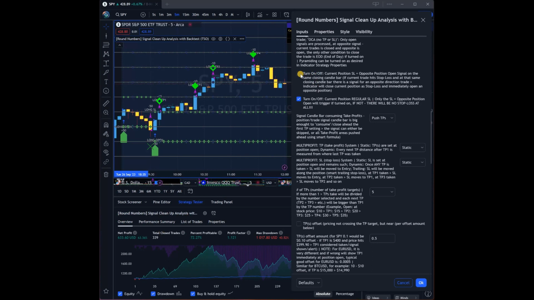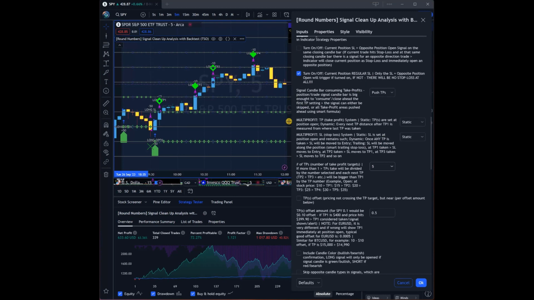So who knows? It's really a choice, and just make sure it shows good backtesting results. I strongly suggest not to turn off the regular stop loss, as you want to have some sort of safety for the risk.